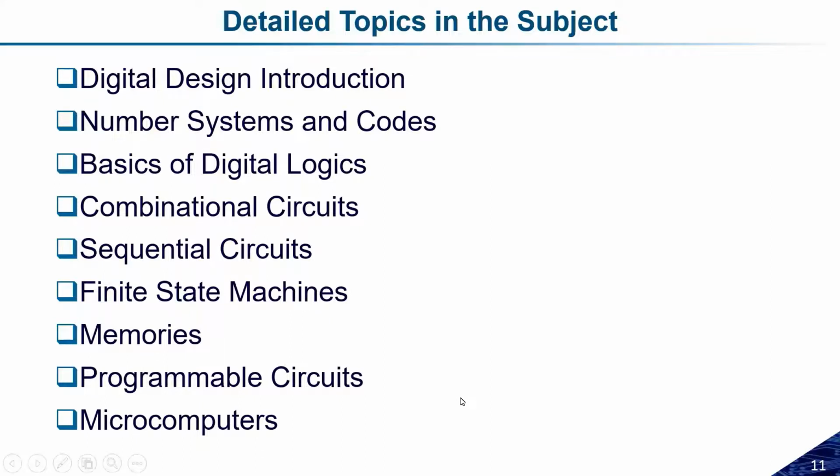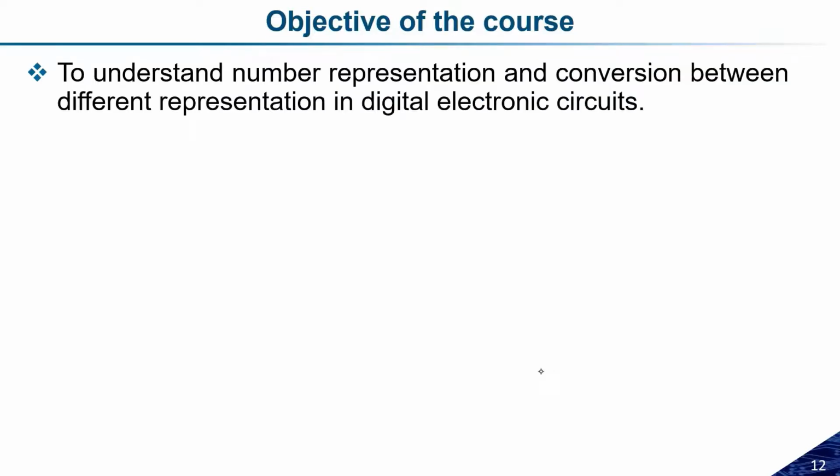Once you complete this particular course, there are certain objectives behind it. Some of the objectives will be to understand the number representation in digital systems. Suppose I'm talking about the digital system world, how can we represent the information? To represent the information, we must follow certain number system representations.